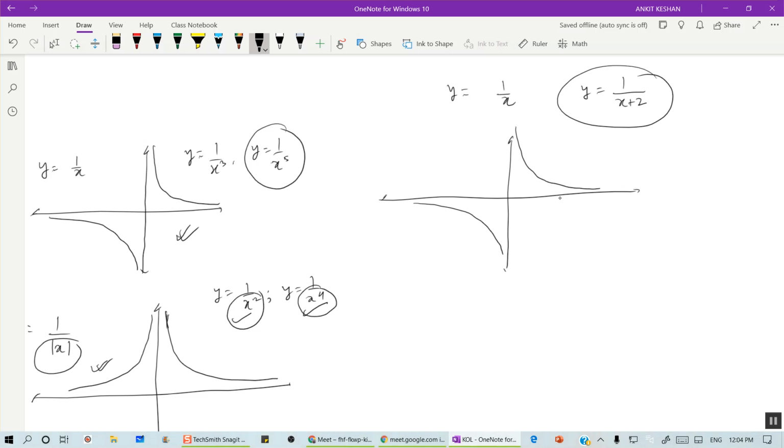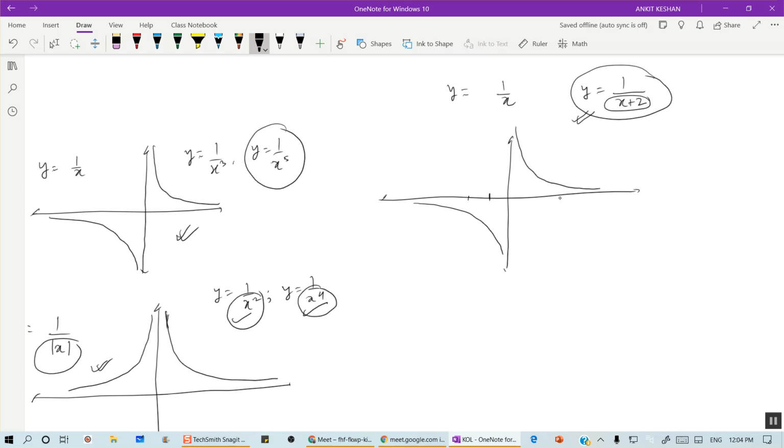Had you not attended this session, you would find it almost impossible to draw the graph of this function, right? But now it is very easy to do. You have added something directly to x, so you will go backwards. If you would have subtracted, you will go forward. So 2 steps back.